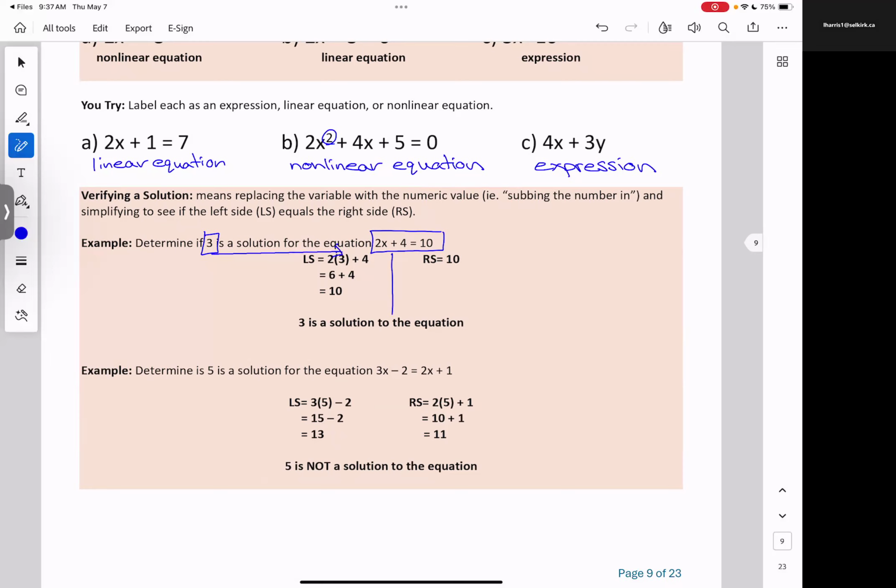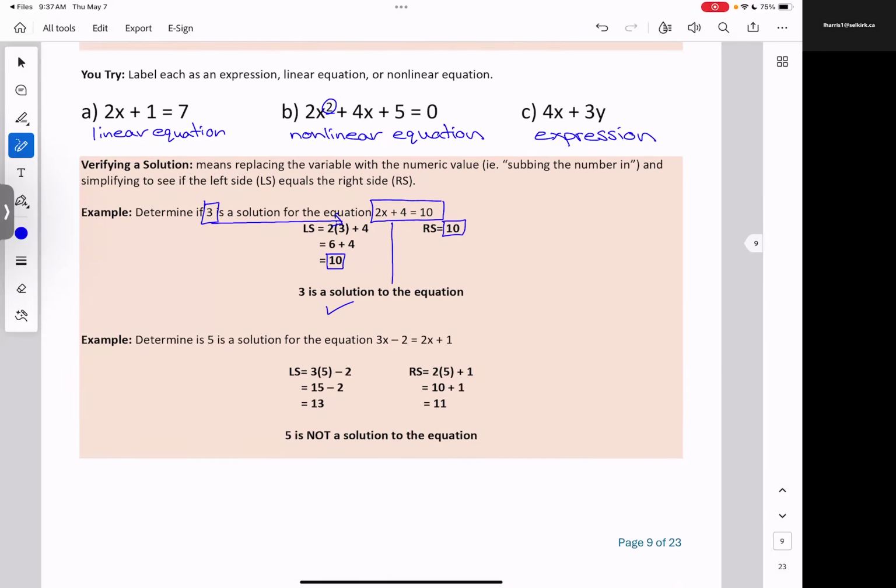So we substitute in the 3, then we get 2 times 3, which gives us the 6. So 6 plus 4, which gives us 10 down here. On the right side of the equation, we also have 10. So we're basically saying 10 equals 10, which is correct. So that means yes, 3 is a solution to the equation.